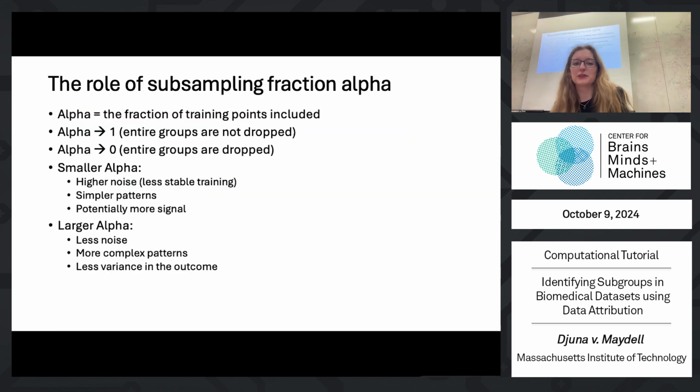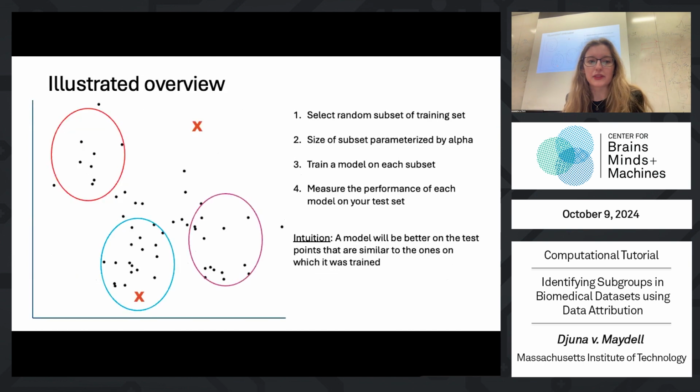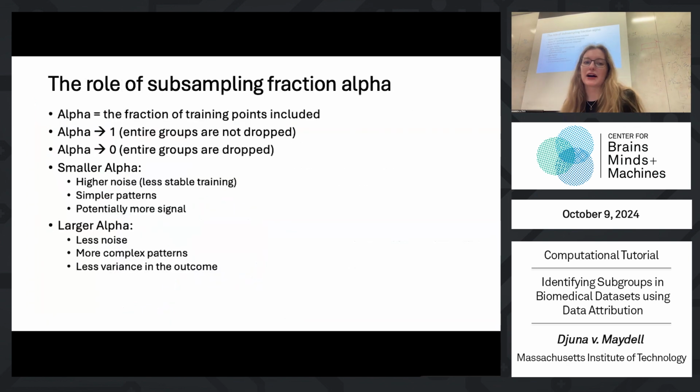Okay, so I briefly want to talk about the role of the subsampling fraction alpha. I mentioned just now that you'll be subsampling for every model you train, right? And so alpha is the fraction of training points that you're including in every model training instance.